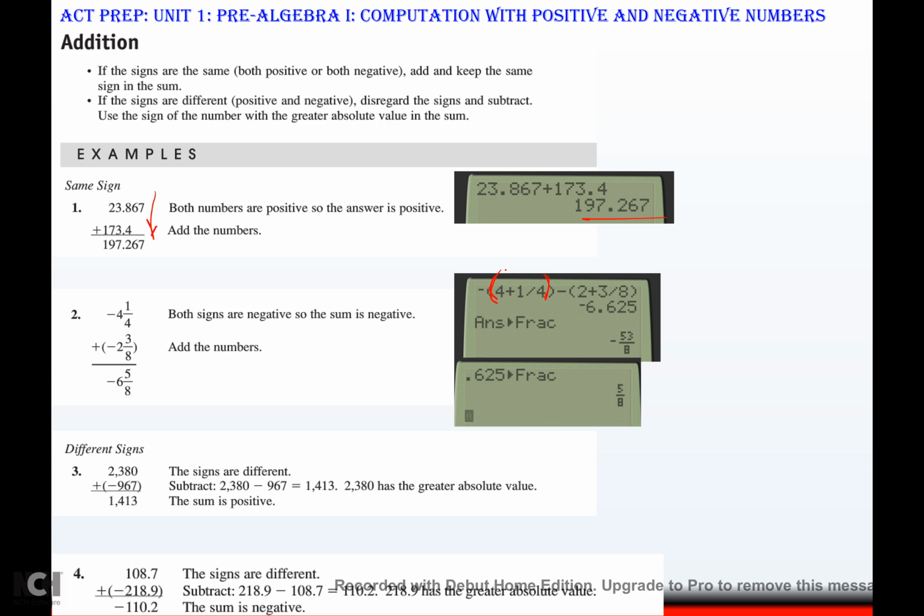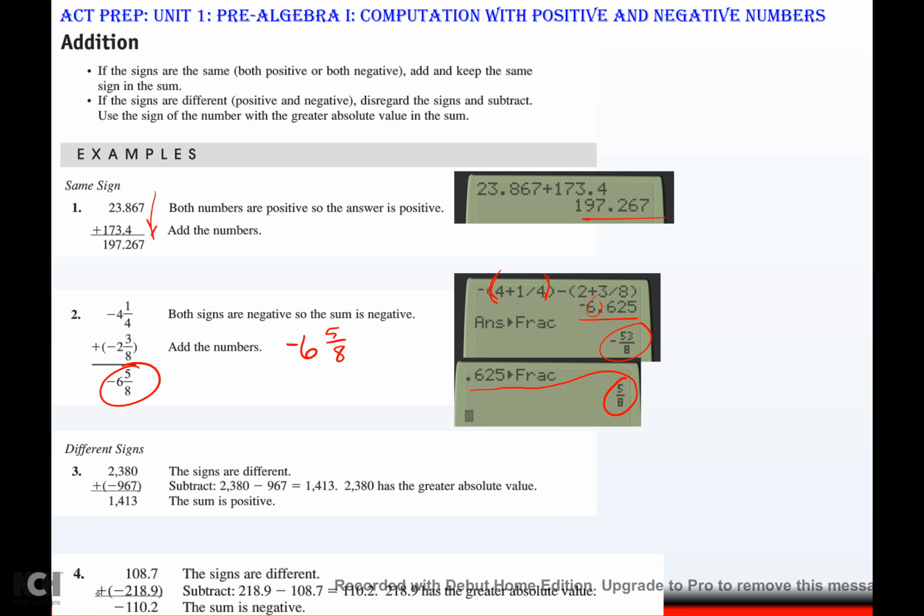So I put a negative, parentheses 4 1/4, minus, parentheses 2 3/8, and you get -6.625. As a fraction it is -53/8. Math, enter, gives -6 5/8.